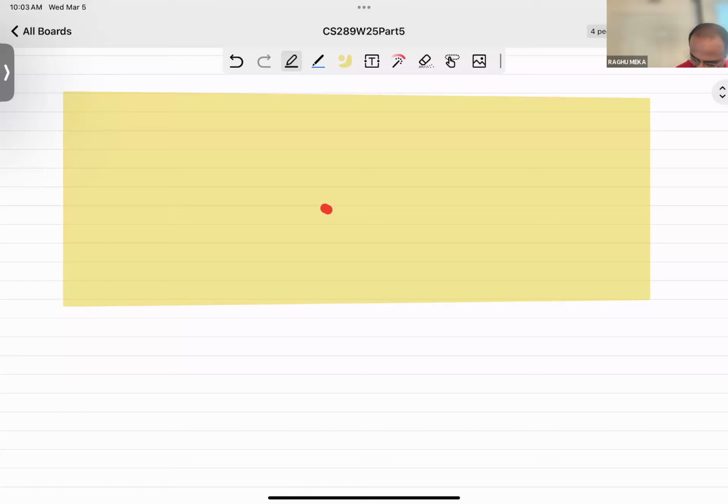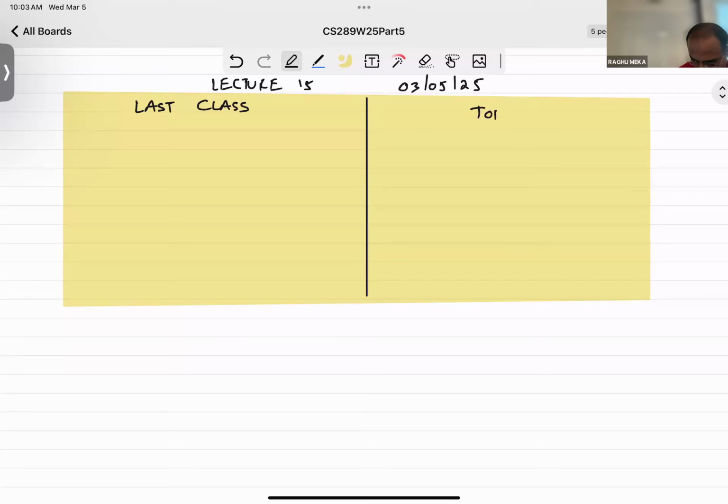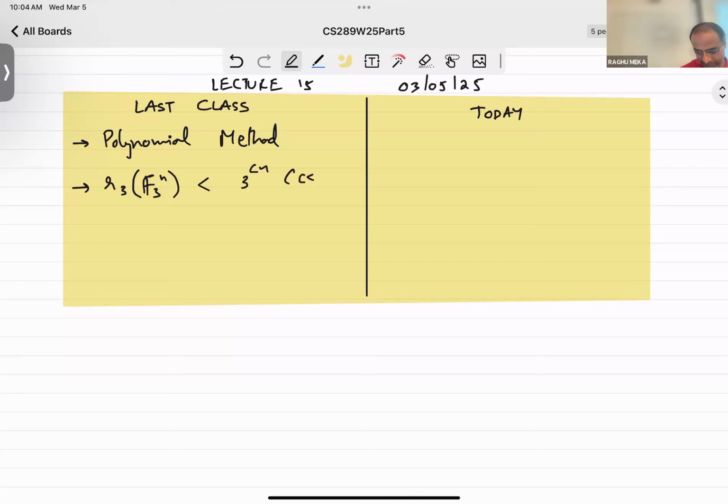Okay, so last class we had Yiming discussing the polynomial method proof, and how it can imply that... One way to think of this bound is that it is polynomially small in the domain size.